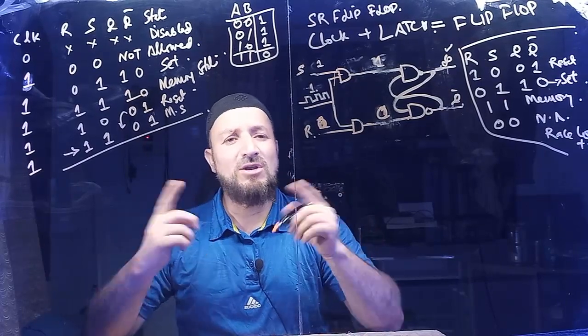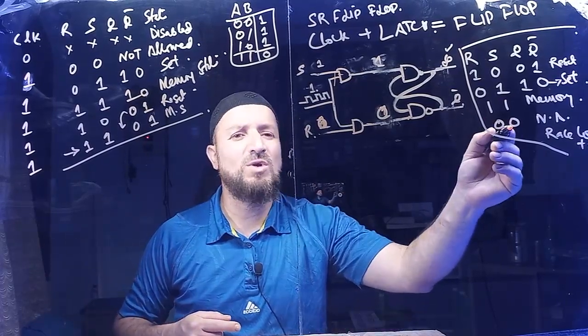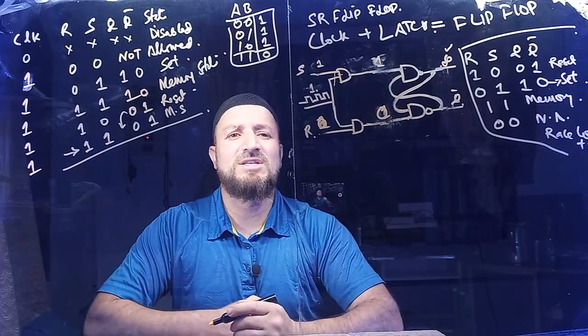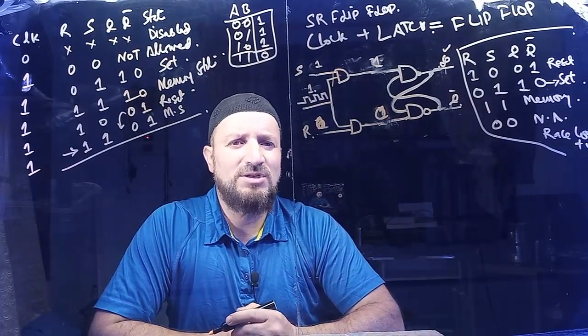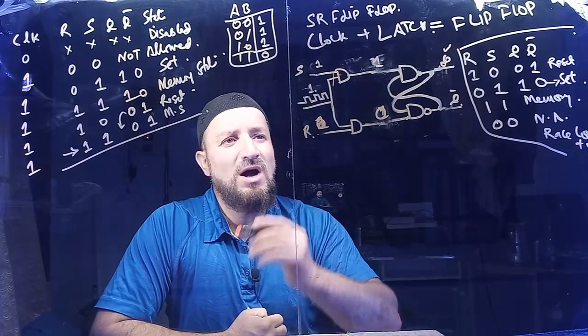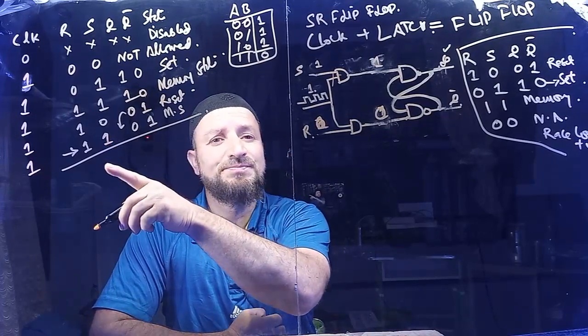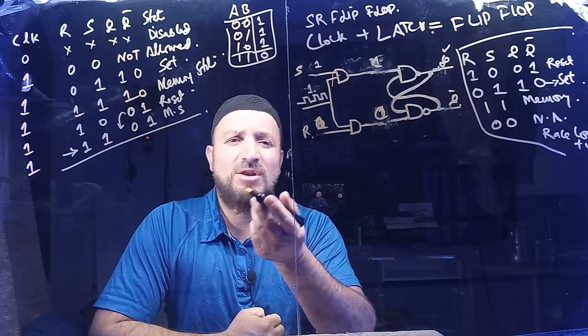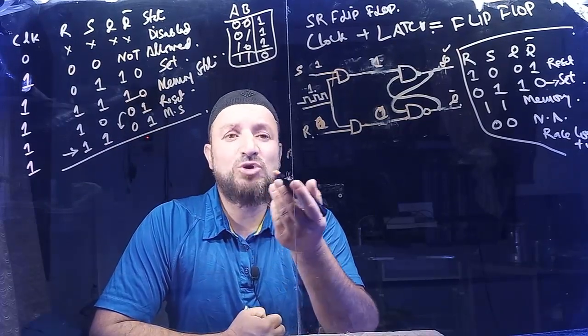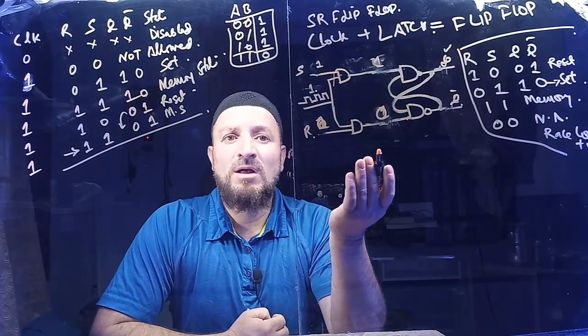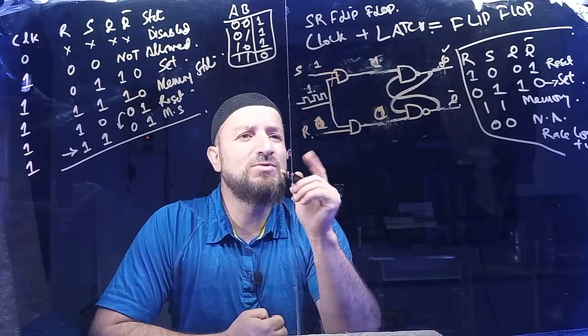So it should be like a NOR. In a NOR we have 0 0 as the memory state and 1 1 as the excitation or race condition. So I do not want the memory state to be 1 1, rather 0 0. Because when I remove the voltage, it becomes 0 0, and it should be my memory state.